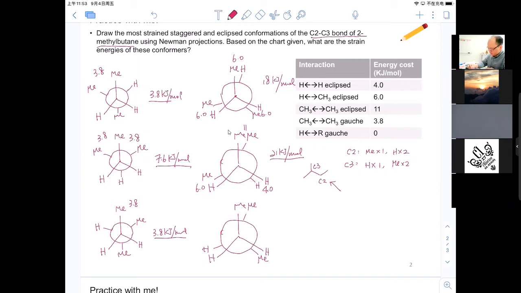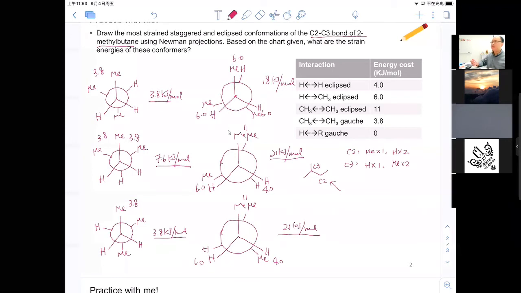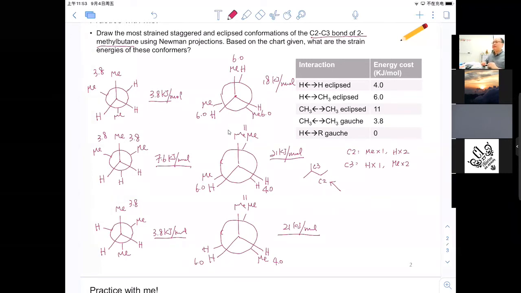And the last one, we have methyl hydrogen, exactly the same: 11, 4, 6, 21 kilojoule per mole. If I put this kind of problem on midterm 1, this kind of presentation completes your answer, and you will get full marks.